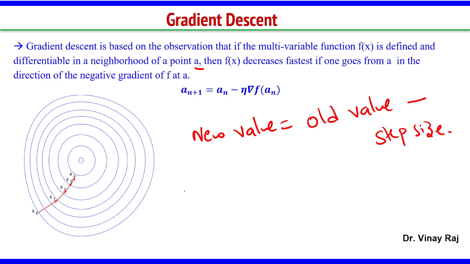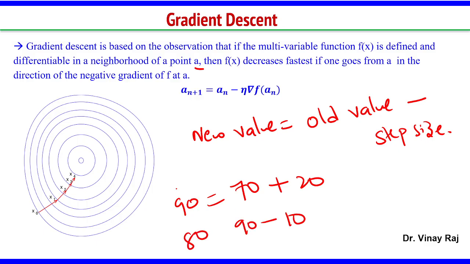That is what you were doing when your first guess was 70, and he said no, you are going more. Then you came to 90, he said no, it is more. Using 90 you reduced by 10, you got 80 as the new value. Again based on his comments you were adding and subtracting, and you found the value.